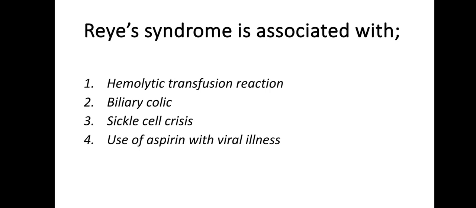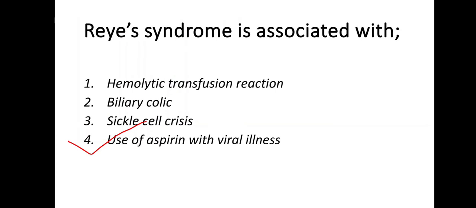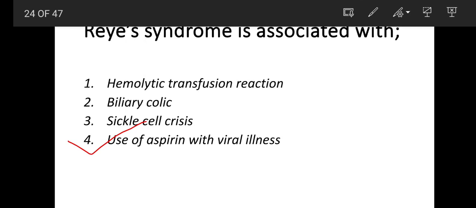Here the answer is the fourth option: use of aspirin with a viral illness. Reye syndrome is actually a life-threatening condition, and it is usually observed in children, from 4 to 12 years of age. And it is due to the use of aspirin with a viral illness.